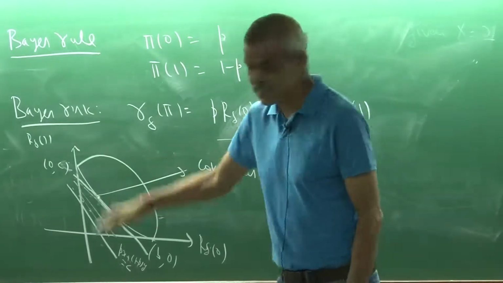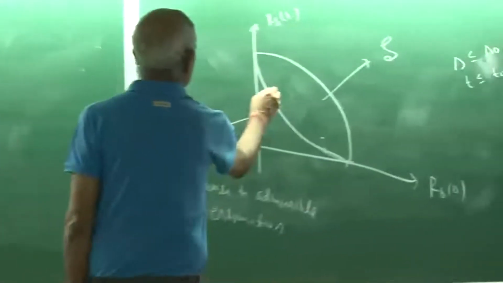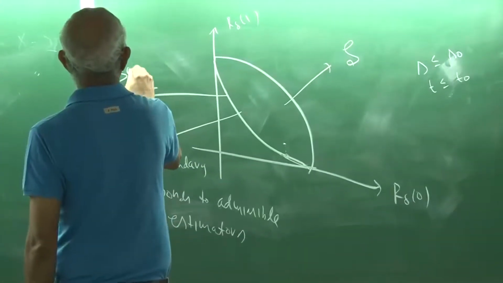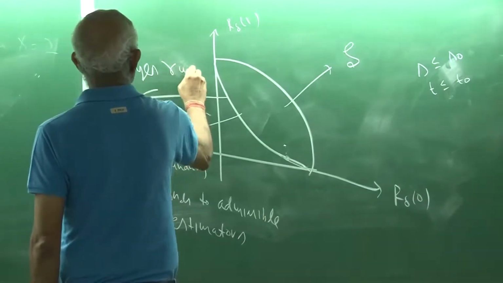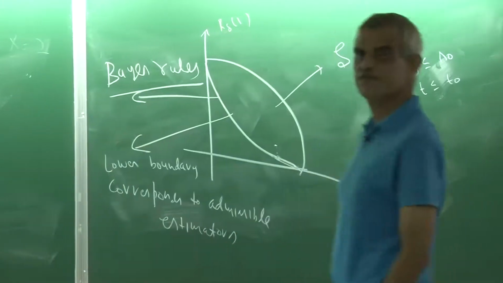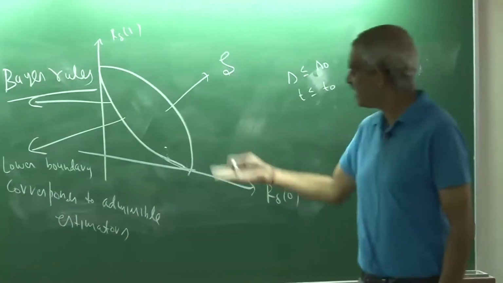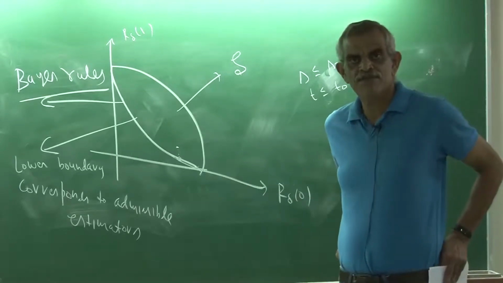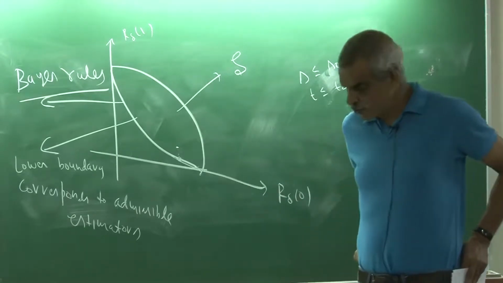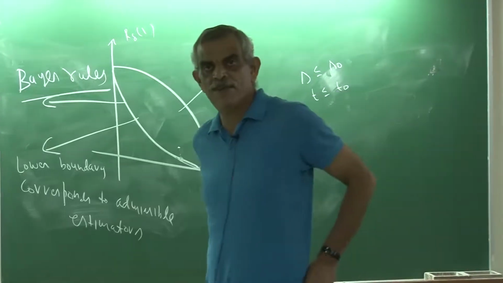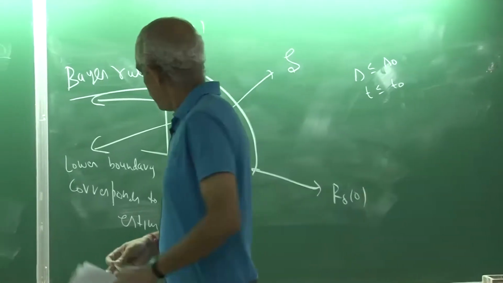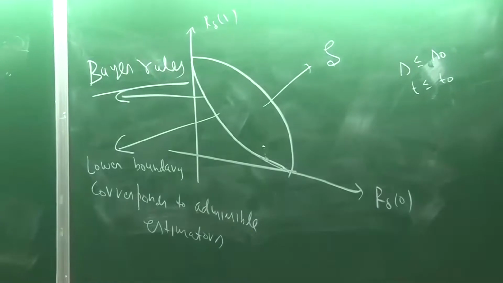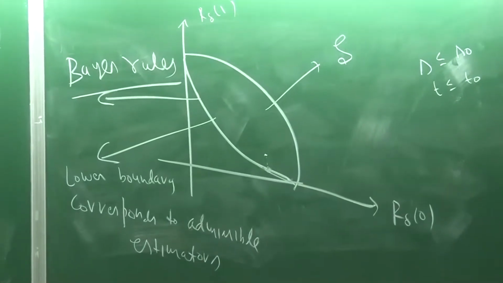So it looks like all these points correspond to Bayes rules also. So in this case, it looks like the Bayes rules and admissible rules are the same. So now the question arises, are the Bayes rules the same as the admissible rules? The class of all Bayes rules is the same as the class of admissible rules.